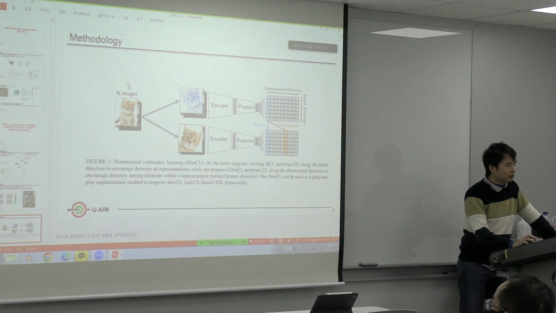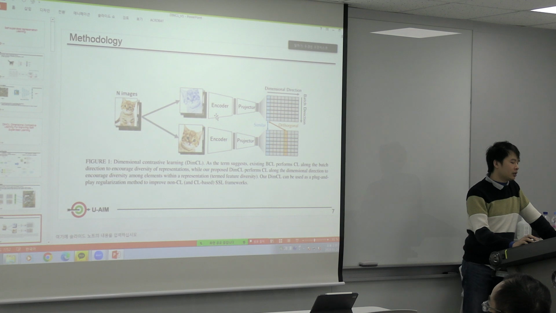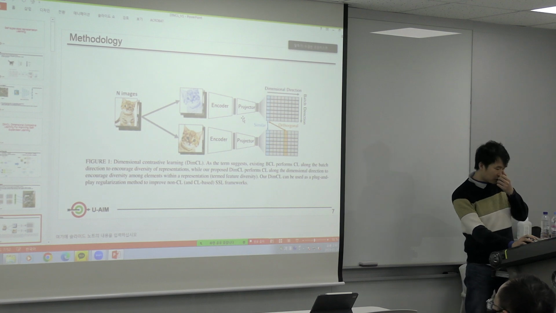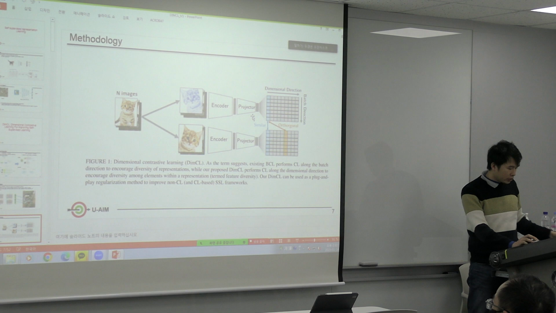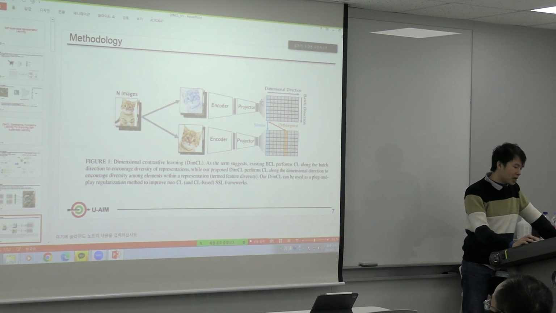Given a batch of images, we first encode it into the representation vector, and then follow the standard procedure. We embed it into the embedded space. In this embedded space, we will have an N by D tensor.